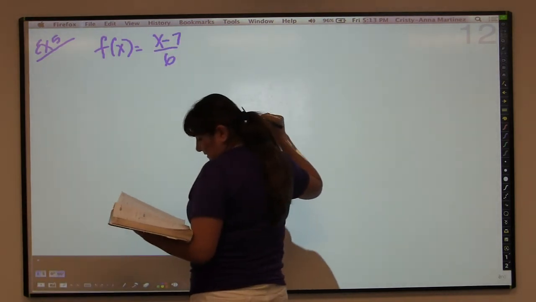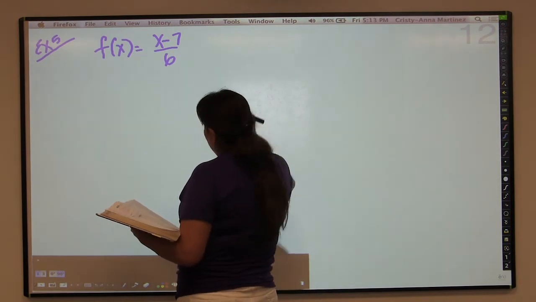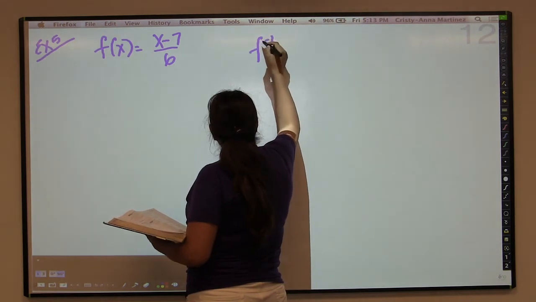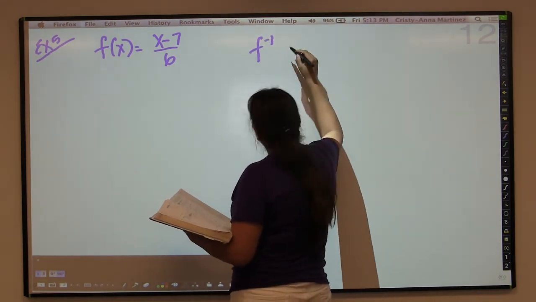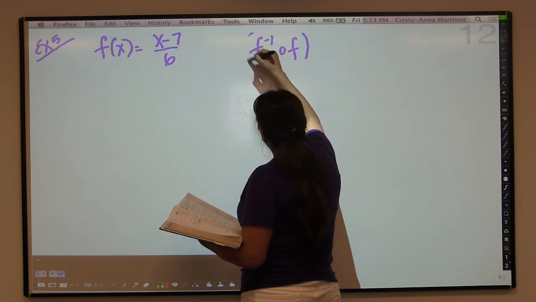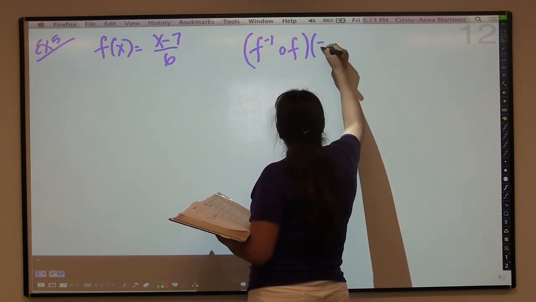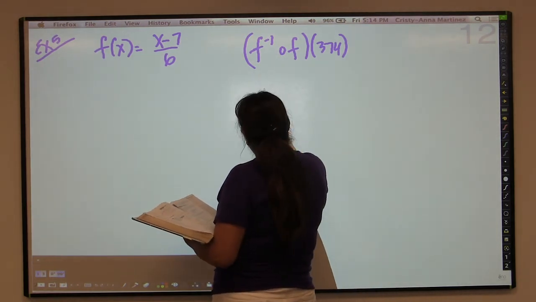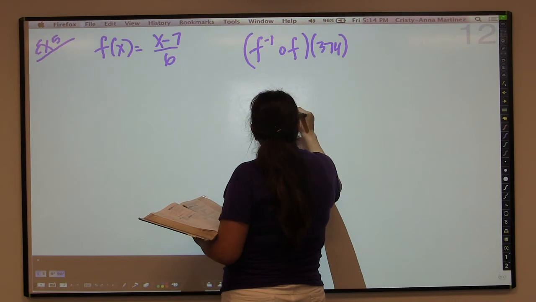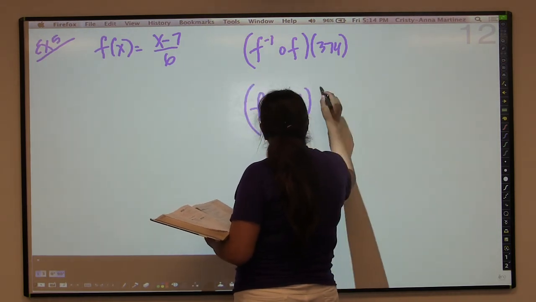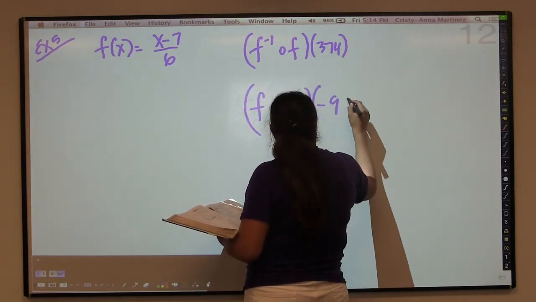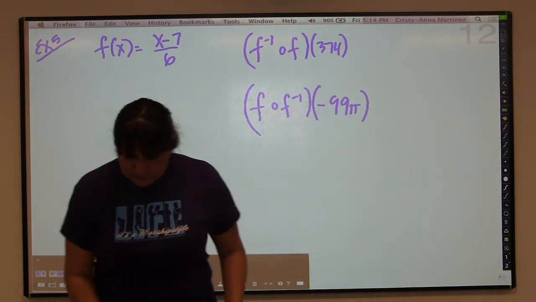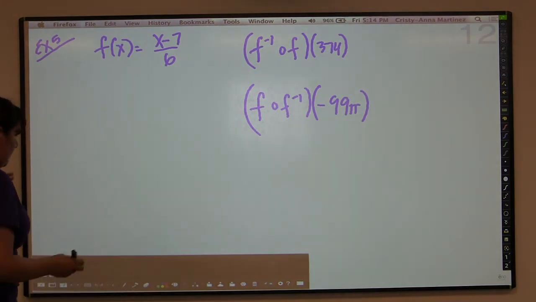And then it's telling me to find f inverse of f of 374 and f of f inverse of negative 99 pi.